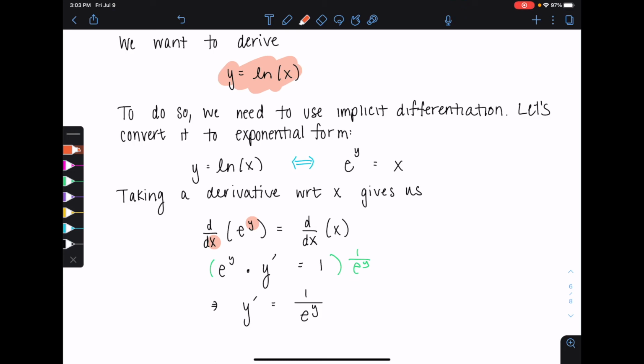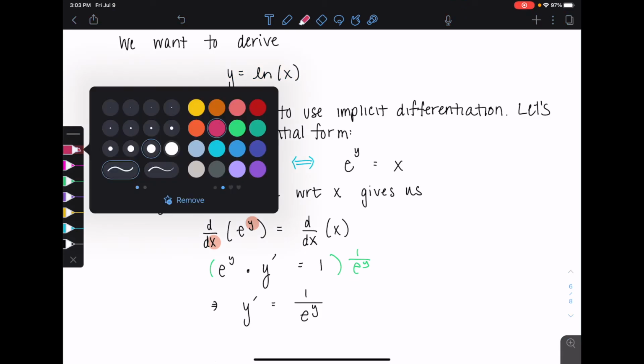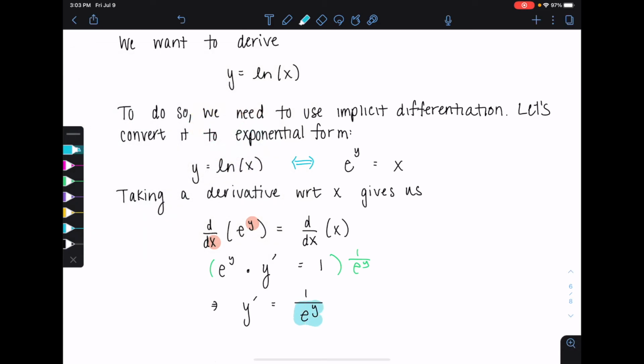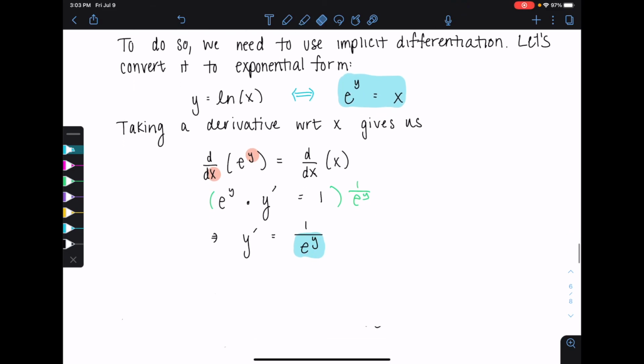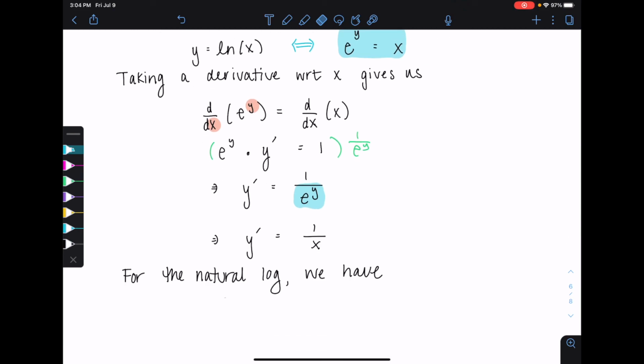My derivative better be a function of x. So what we can really notice here is I've got e to the y in the denominator. That's just x. So ultimately, y prime is 1 over x. So for the natural log function, the derivative of ln of x is 1 over x.